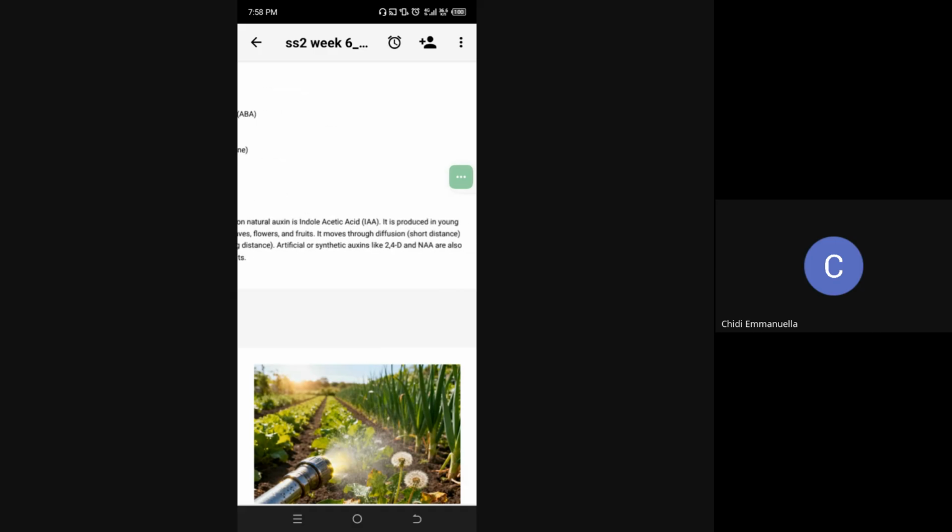So that's naphthalene acetic acid. It helps to ripen fruits. It helps to ripen fruits easily through what is known as parthenocarpy.